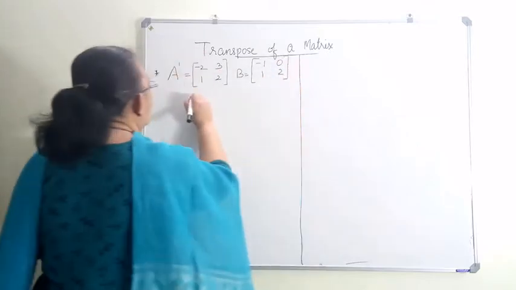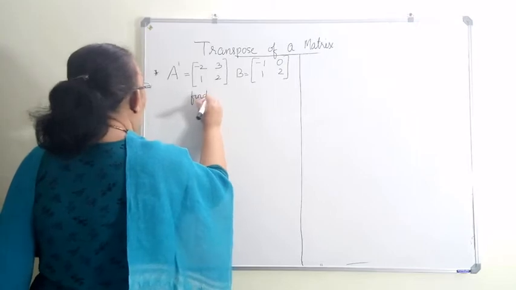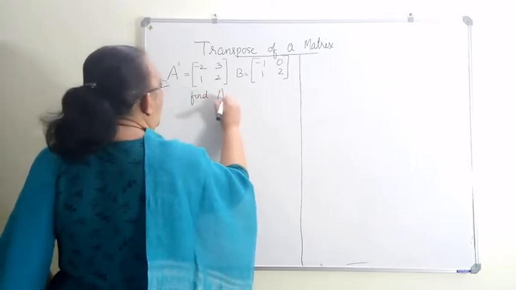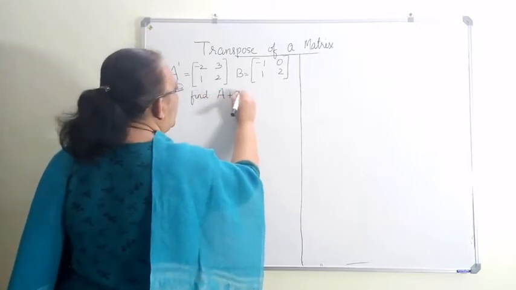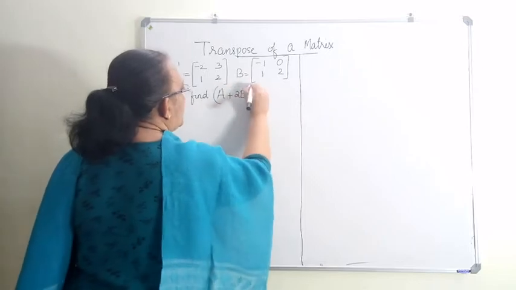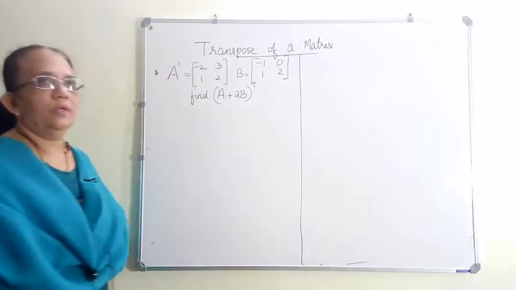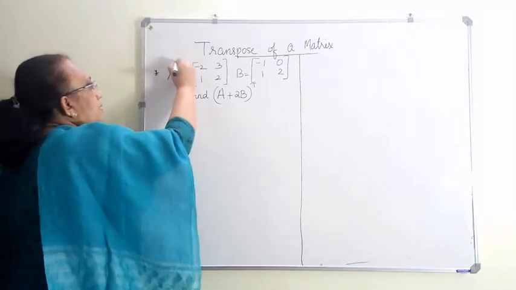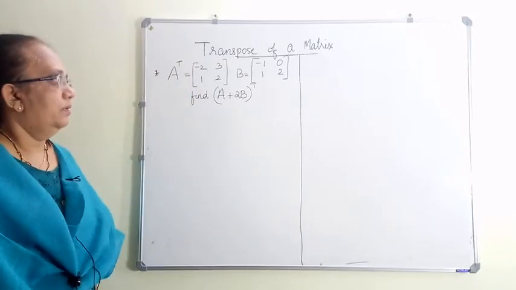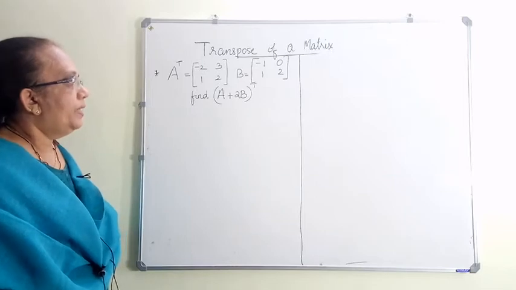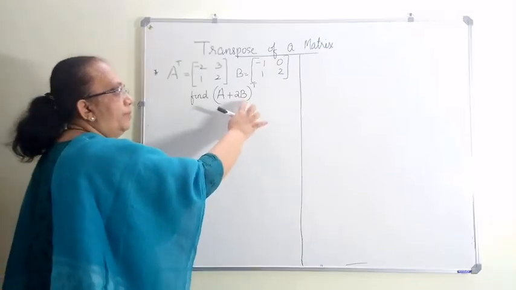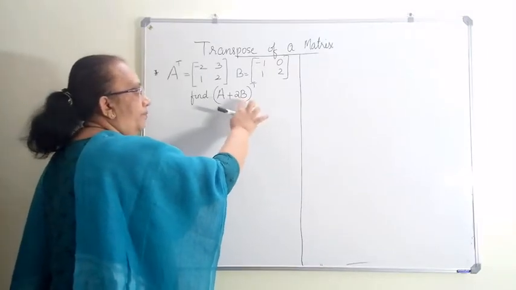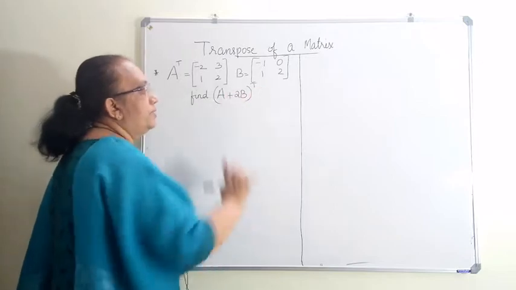The question is, find A plus 2B the whole transpose. Okay, see the question. You are given A transpose and B. Question is A plus 2B, that is scalar multiplication. Add, then find the transpose.